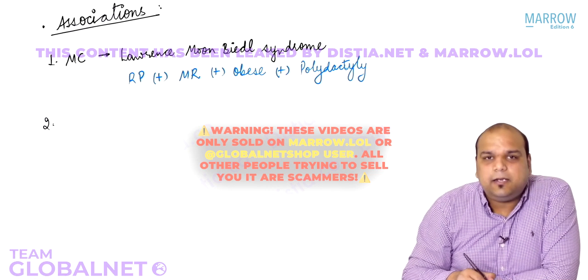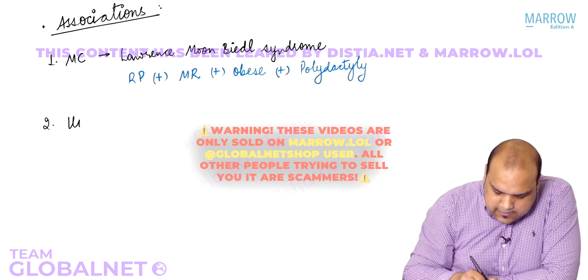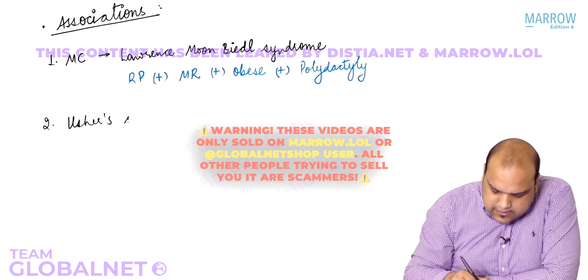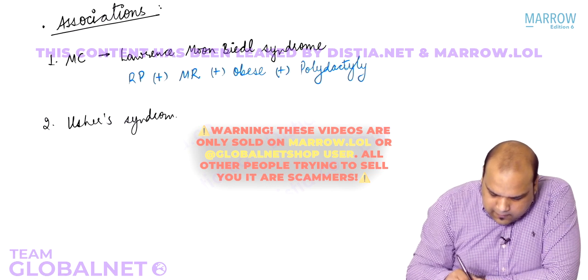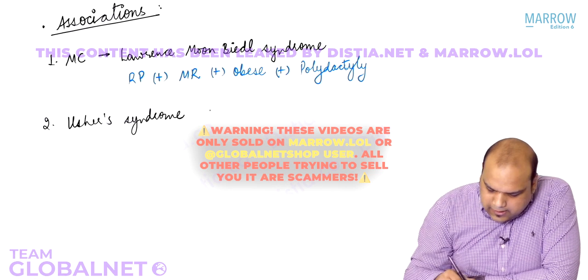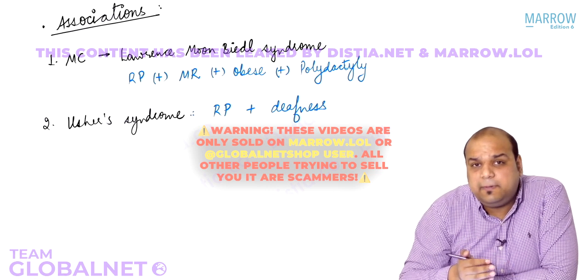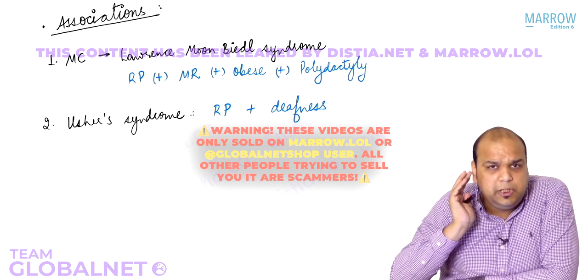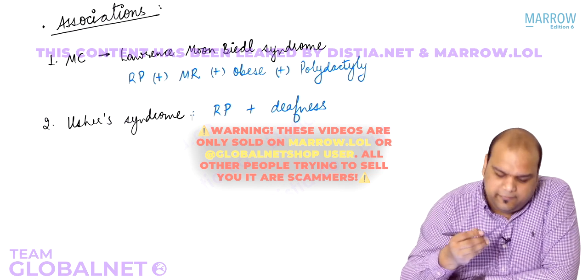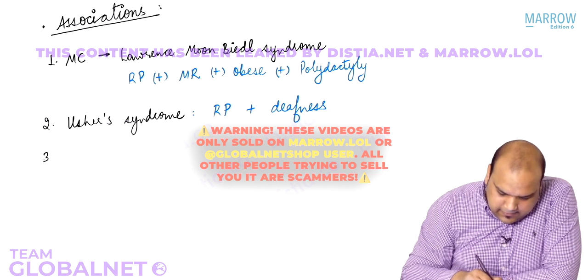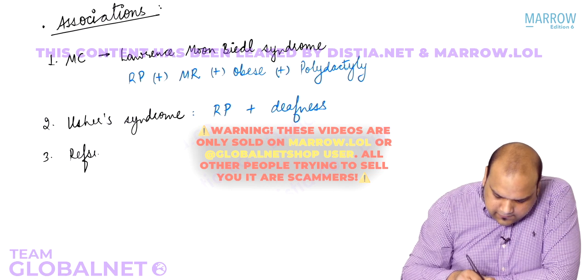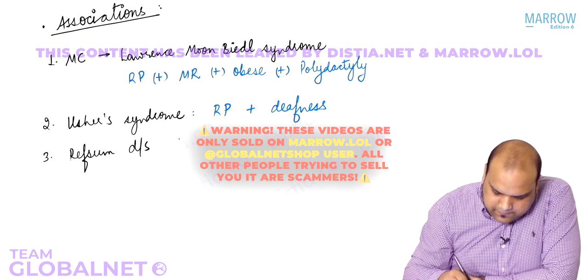Secondly, everybody, another important common association is Usher's syndrome. I do hope everybody knows the classic RP plus deafness. Okay. So Usher's syndrome has retinitis pigmentosa. Along with that, the patient has sensorineural hearing loss, or I am calling it deafness simply. Number 3, Refsum disease.